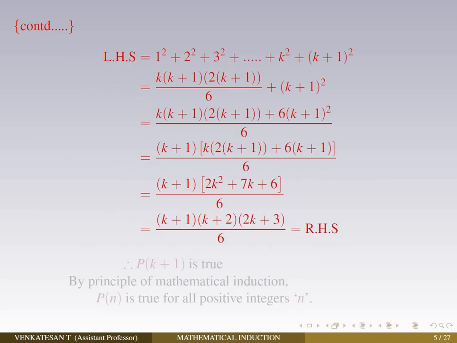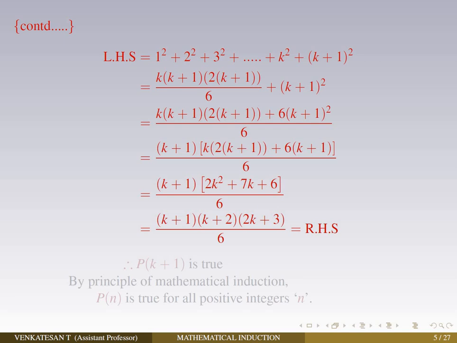Now consider the left hand side. My left hand side is 1 square plus 2 square plus 3 square plus etc. up to k square plus (k plus 1) whole square. But in the inductive hypothesis, I assumed that 1 square etc. up to k square was k into (k plus 1) into (2k plus 1) divided by 6. So replace the first k terms with k into (k plus 1) into (2k plus 1) divided by 6 plus, don't disturb the last term, my last term will be (k plus 1) whole square.